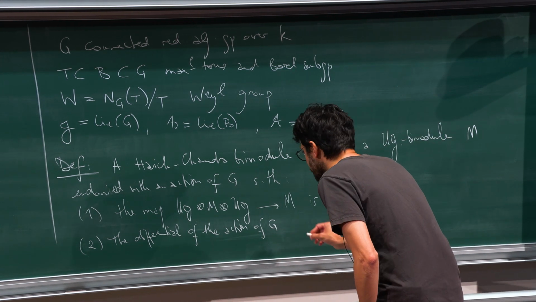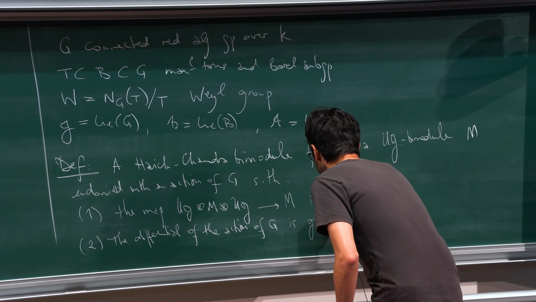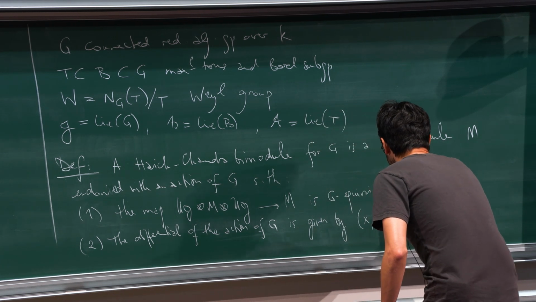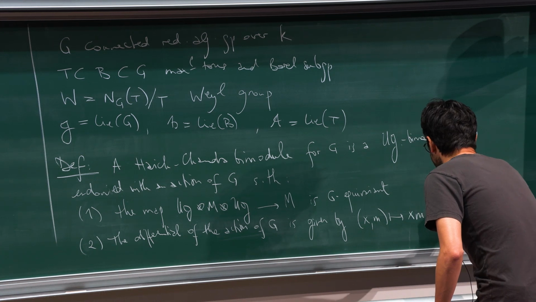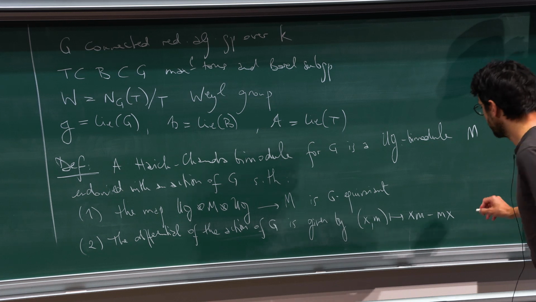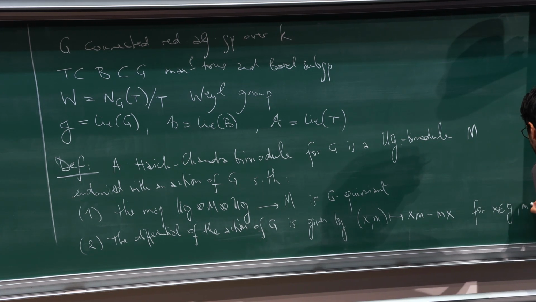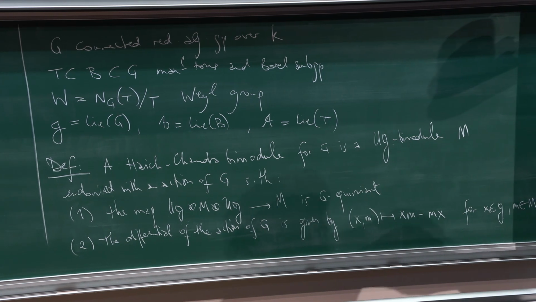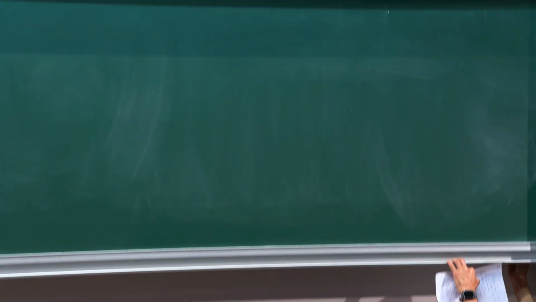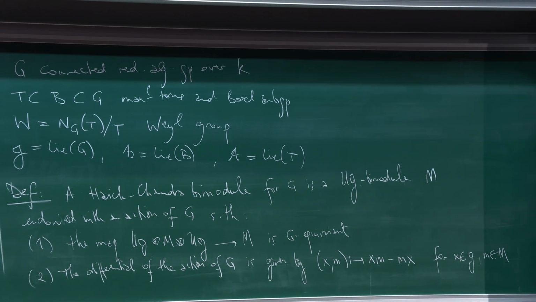The differential of the action of the group G is given by the following action of the Lie algebra on M. It's the diagonal action, so it sends an element x, where x is in the Lie algebra and m is in the module M, so x acts on m by sending it to xm minus mx.